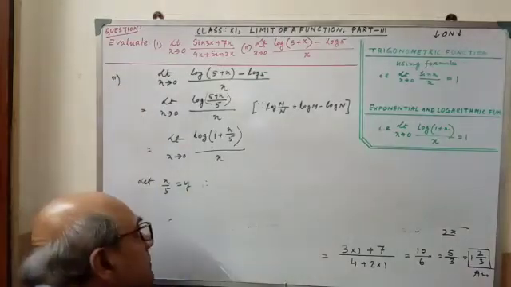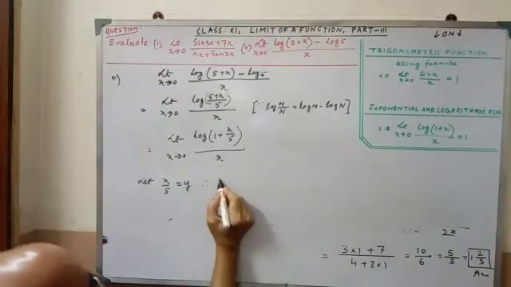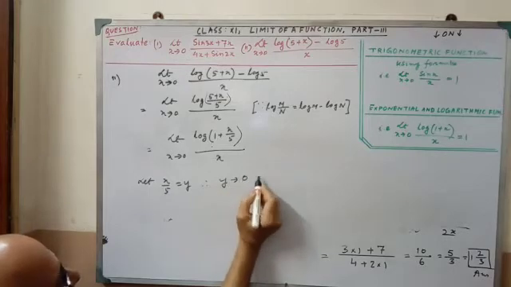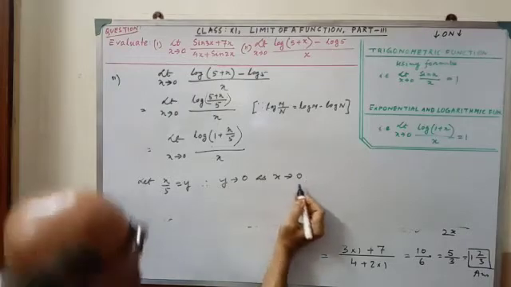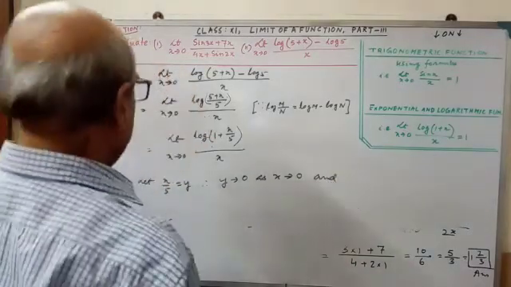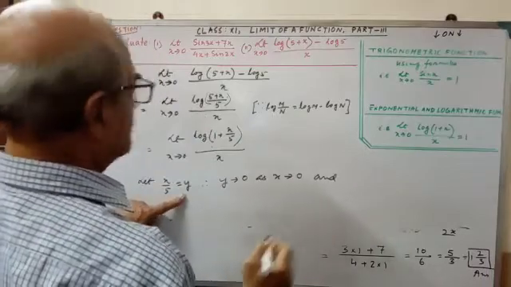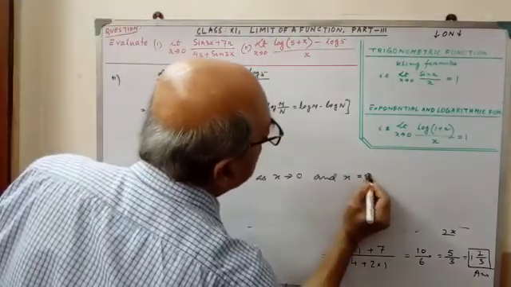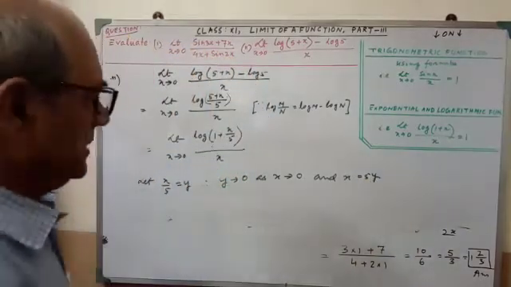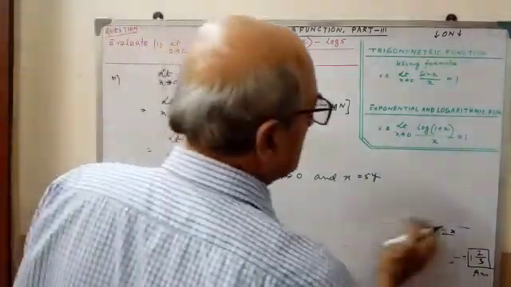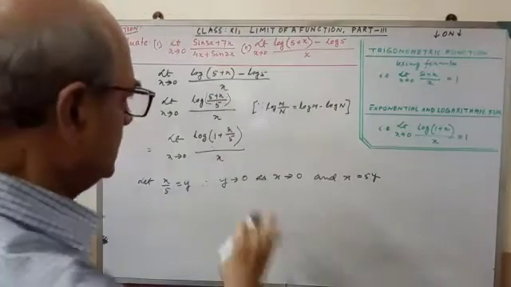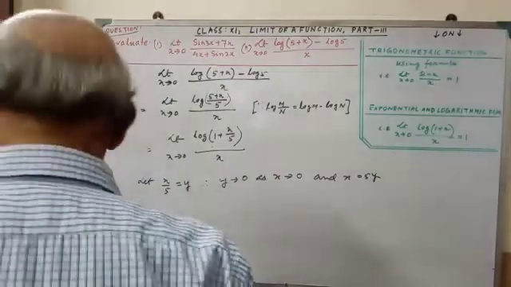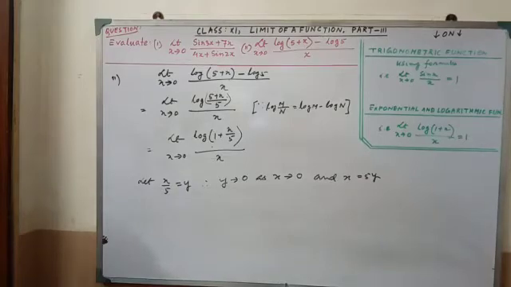Therefore, y tends to 0 as x tends to 0, and x equals 5y. x equals 5y. I think it is also clear. If you observe the previous video, then easily you will understand this, and you have to notice the previous video, otherwise you may feel difficulties.